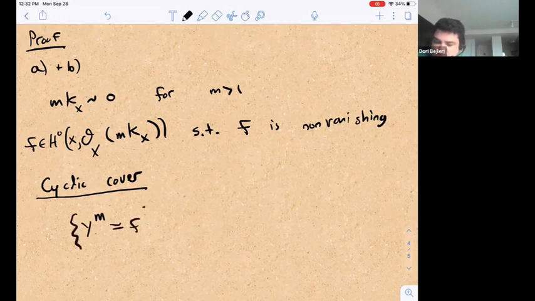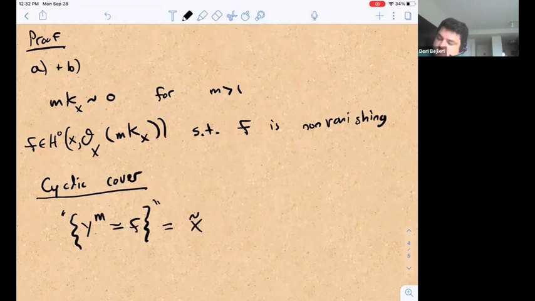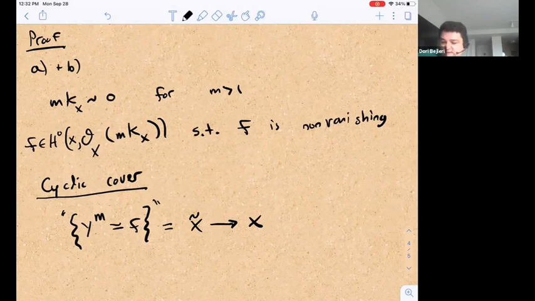So you're taking the vanishing locus of the equation y to the m equals f, calling it X tilde. This projects down to X. And what is this doing? On this X tilde, we have an mth root of f. And because f is non-vanishing, taking the mth root should be well behaved. And so what does it mean to take an mth root of f?